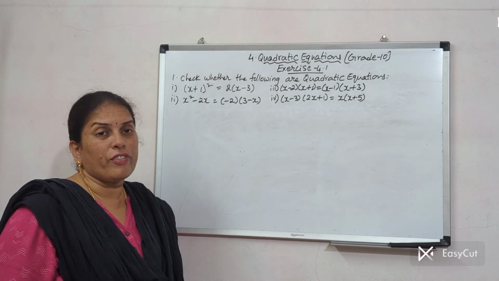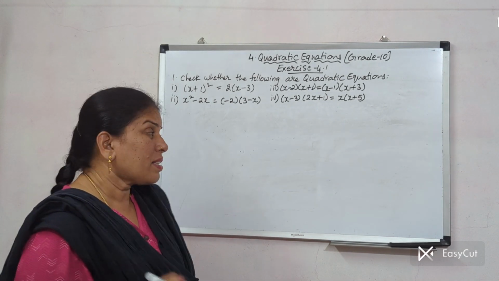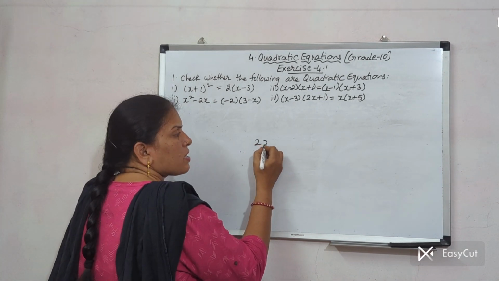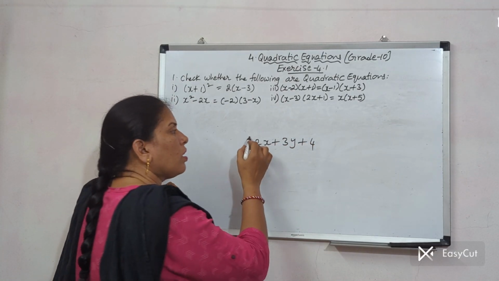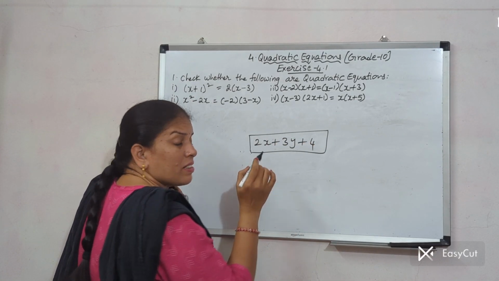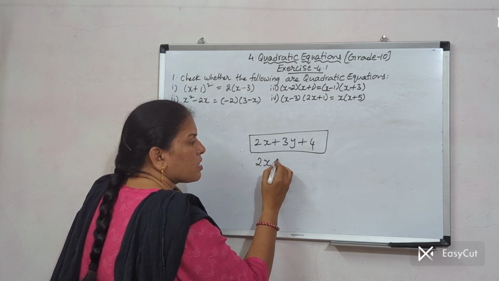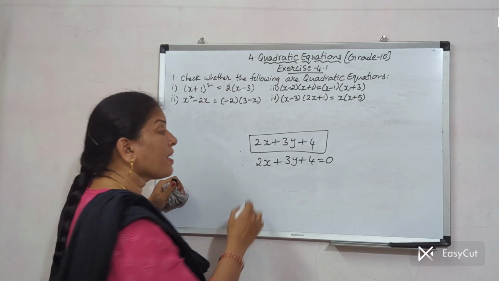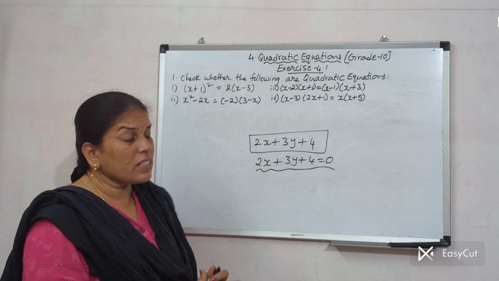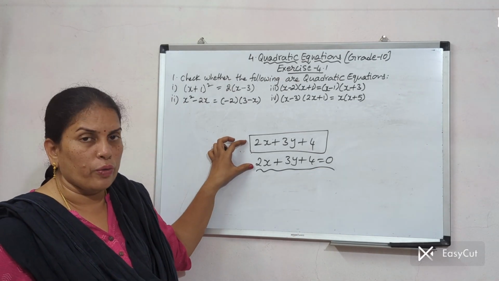An equation, first of all, equation means what? See here, 2x plus 3y plus 4. What is this called? And one more thing I am giving: 2x plus 3y plus 4 equal to 0. What is this called? See here, children, the difference between these two.